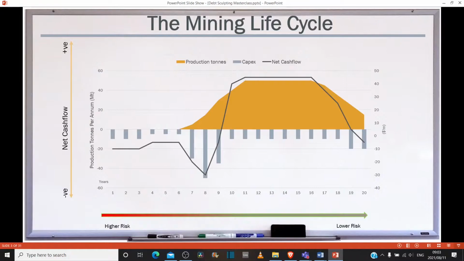So what you can see there is in the beginning years, you are heavily investing in the development of your feasibility studies. Oftentimes, these mining companies would partner with an already established major.